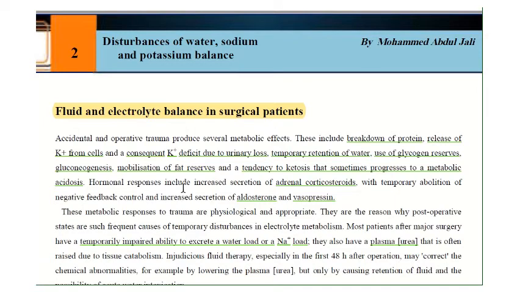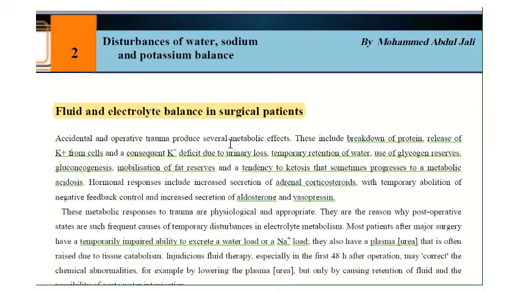Hormonal responses include increased secretion of adrenal corticosteroids with temporary abolition of negative feedback control and increased secretion of aldosterone and vasopressin.